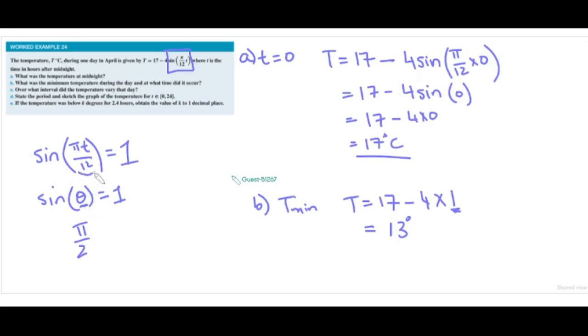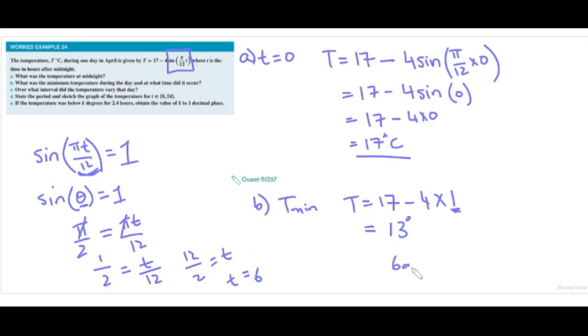So pi t over 12 has to equal pi on 2 for sine of that to equal 1. Now if you solve for that, multiply both sides by 12 and you get 12 over 2 equals t. So t equals 6.